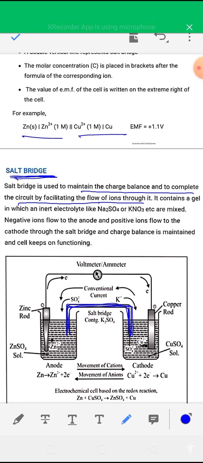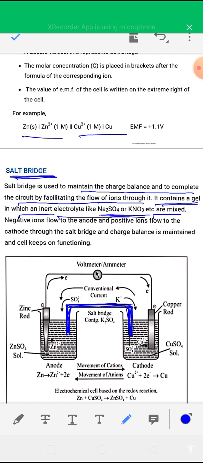So the salt bridge completes the circuit and keeps the solutions in both half cells electrically neutral. The salt bridge contains agar-agar gel in which an inert electrolyte like sodium sulfate or potassium nitrate is mixed.